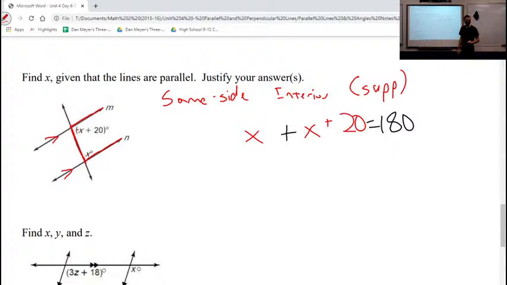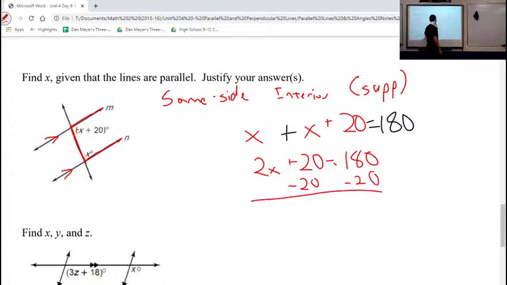Picking out your kind of angles, using that to make your equation. x and x is 2x. So let's finish up solving this here. Subtract. Half of 16 is 8, and so half of 160 is going to be 80.